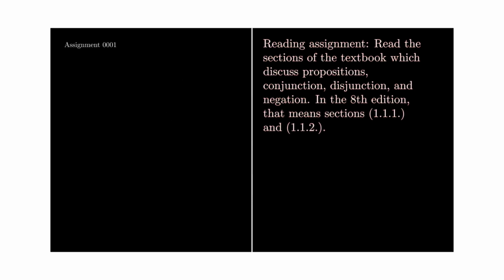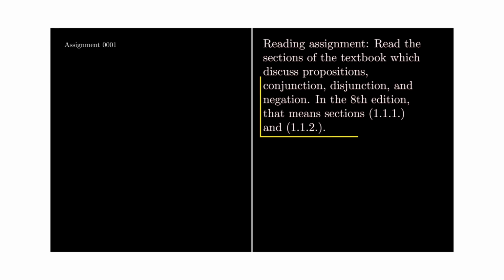Now let's get to our first assignment. To begin with, I want to give a reading assignment. Some of this will cover some of what we've talked about in lecture. There will be a little bit more than what I've just lectured on, but it should be relatively readable. I want you to read everything that has to do with propositions, conjunction, disjunction, and negation.